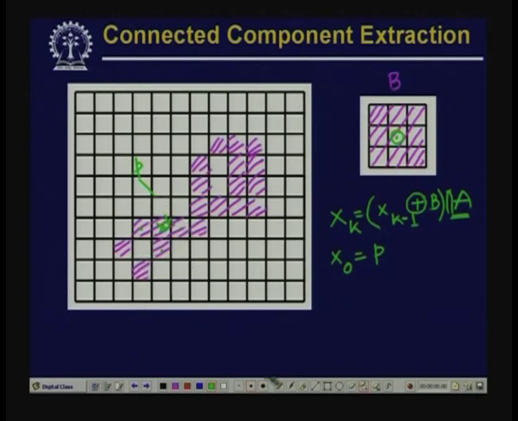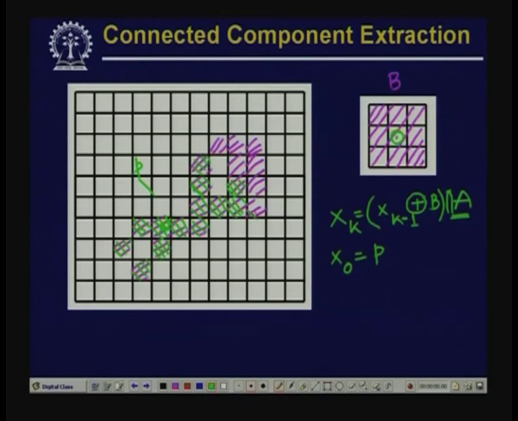So, these are the points which are going to be in our set X_1. If I dilate this further, then these are the points which are going to be in set X_2. If I dilate further and do the intersection, then these are the points which are going to be in set X_3. Do it further, these are the points which are going to be in set X_4.